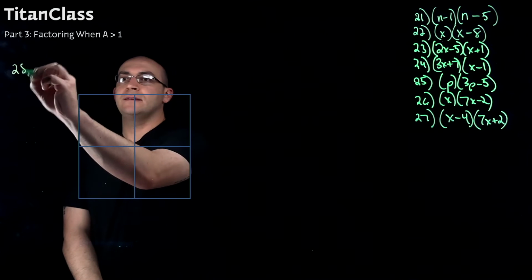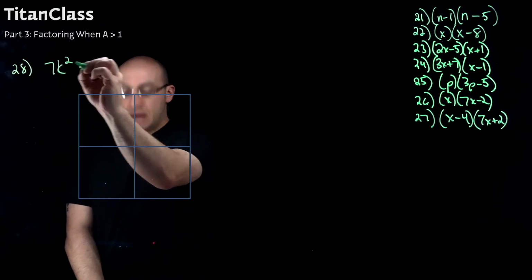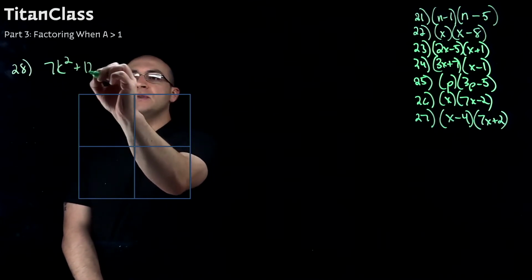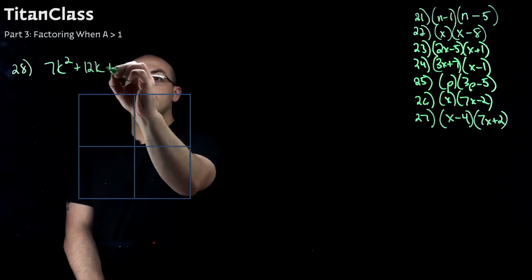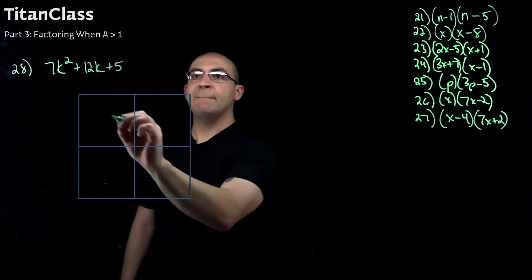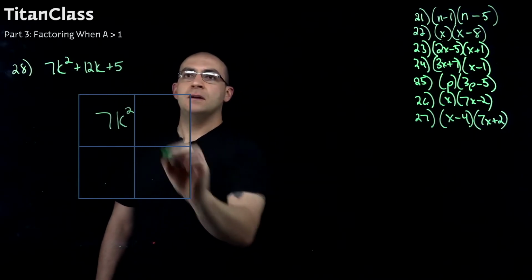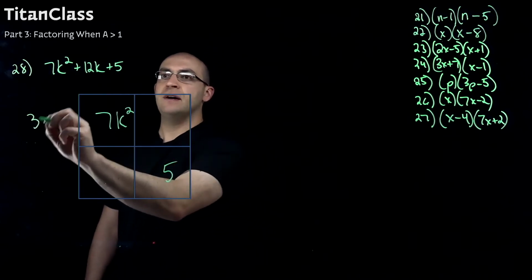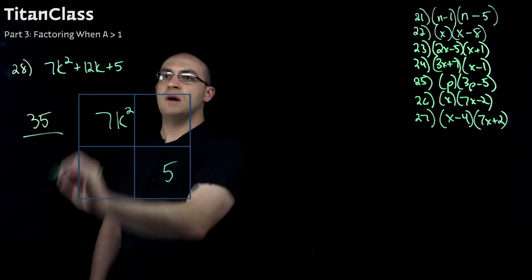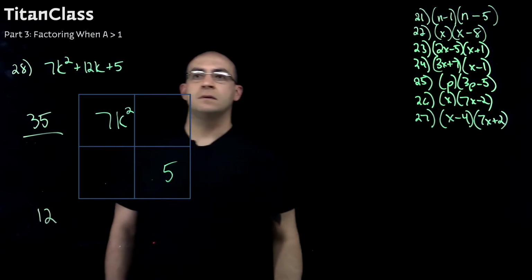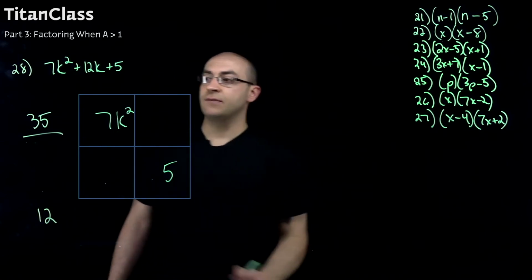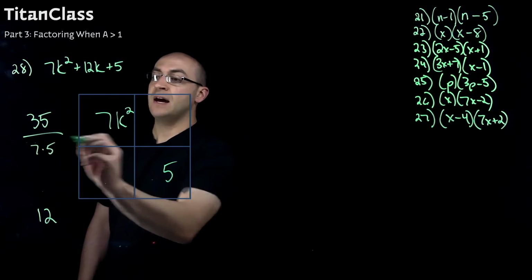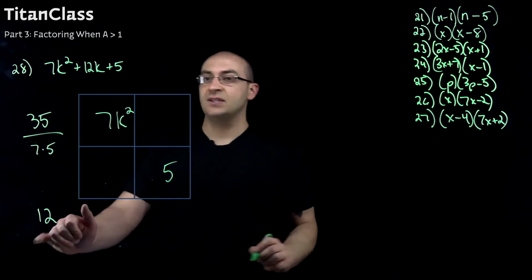28, 7k squared plus 12k plus 5. Okay. Seven times 5 is 35. 12. I need a 7 and a 5. 7 times 5 is 35, and 7 plus 5 is 12.